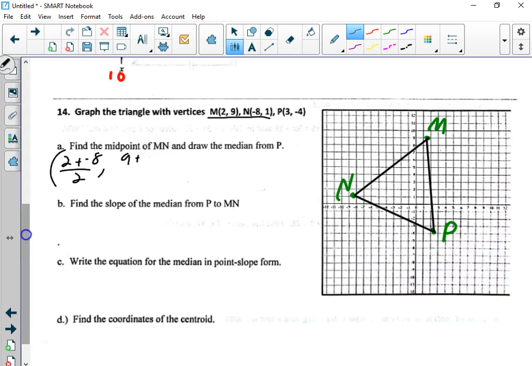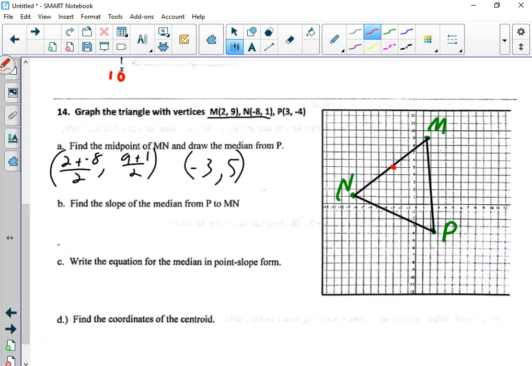And 9 plus 1, divide by 2. 2 minus 8 is negative 6, divided by 2 is negative 3. 9 plus 1 is 10, divided by 2 is 5. Negative 3, 5. So, I go to negative 3, 5, and there's my midpoint right there.